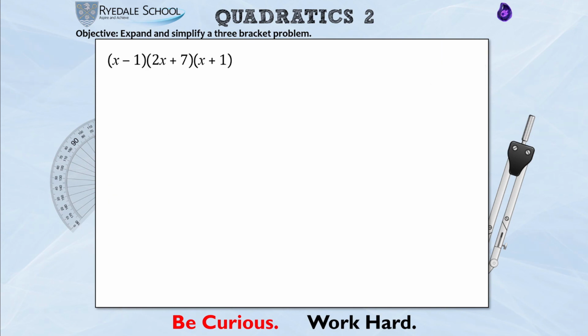So year 10, this is for those students that were interested. I'm just going to show you a second way of doing this question. Okay, and we talked about the order not being important. Now, this is probably something you won't remember from year 9, but there's something interesting that happens when you have 2 brackets that are identical except for their sign. It's called the difference of 2 squares.